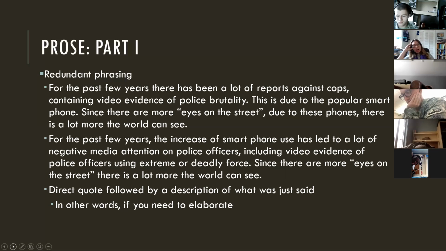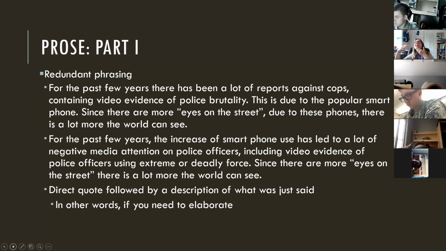Another question I get a lot: sometimes students feel like they have to use a direct quote when numbers are involved, and that's not the case. They get really confused, like, I don't know how else to say 25%. You can use the number 25%, just don't say the sentence exactly how they say it.